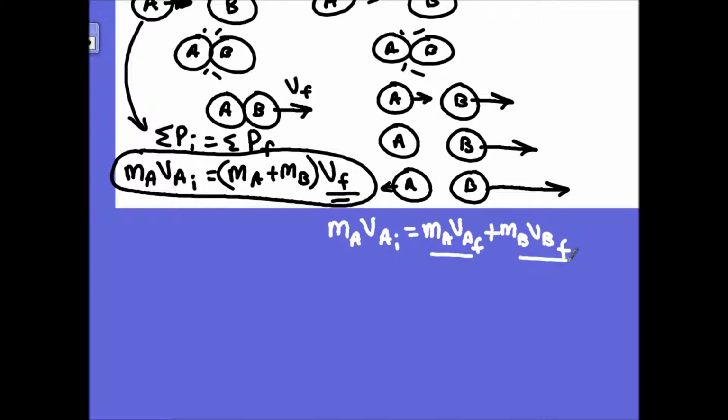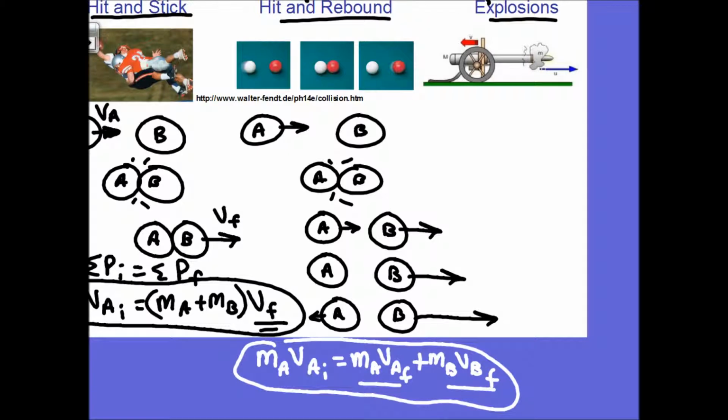I have two terms here because they're moving separately afterwards. In contrast to the example over here, where I only had one term because they were moving with a combined velocity. Now I have two terms because each object is moving separately. Again, knowing five of these values would allow me to determine the other one. Ultimately it becomes a little bit of an algebra game to figure out what that other variable is.